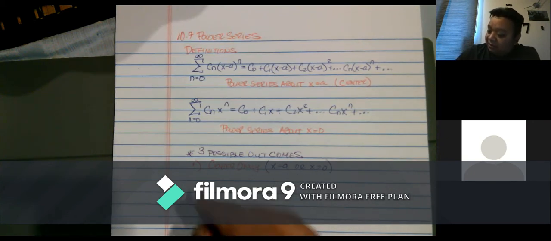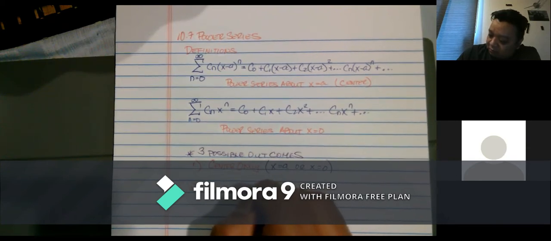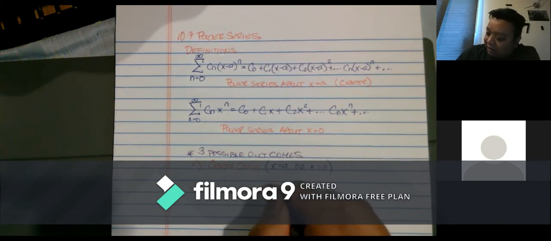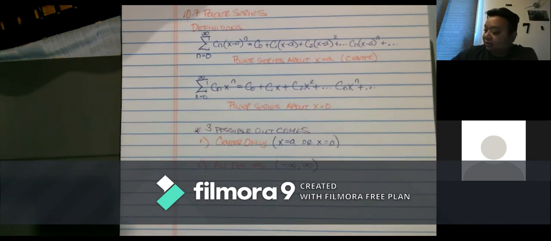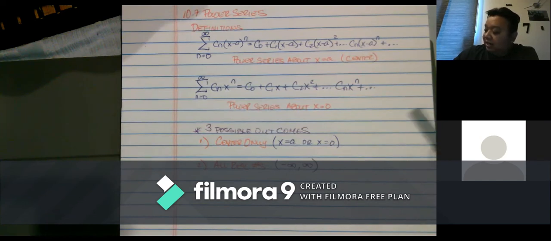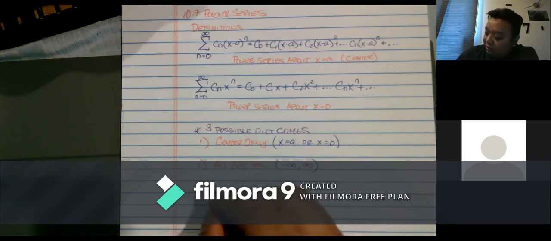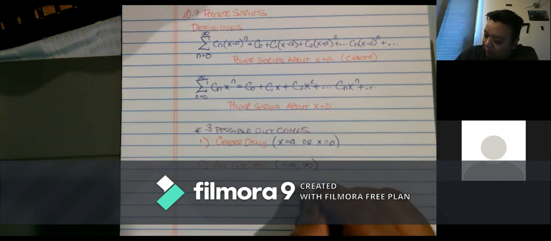The second case is all real numbers, which means we are talking about negative infinity to positive infinity. And then the third case, it's going to converge for some values around x equals a.